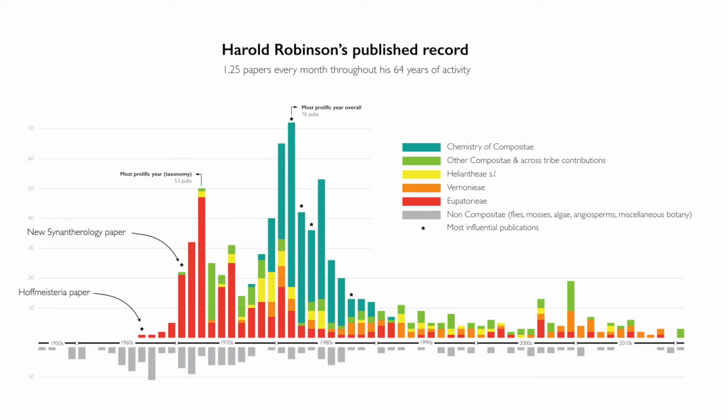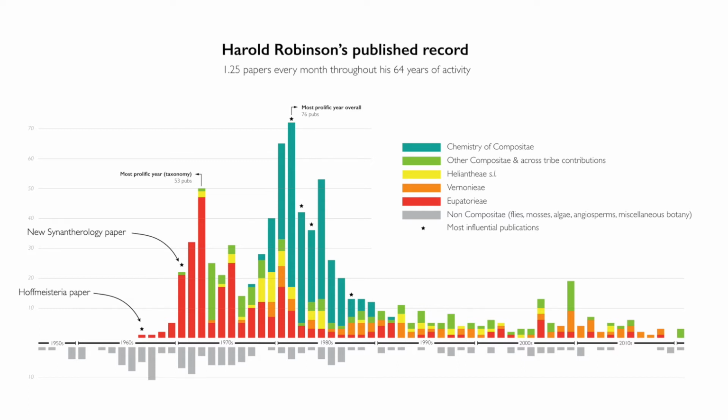A lot of people criticized them after that publication, but afterwards Harold reminisced about those critiques that they received, and said, well, the one thing they didn't criticize is that what we did was not new, because what we described as new synantherology was what was done since the very beginning by Henri Cassini.